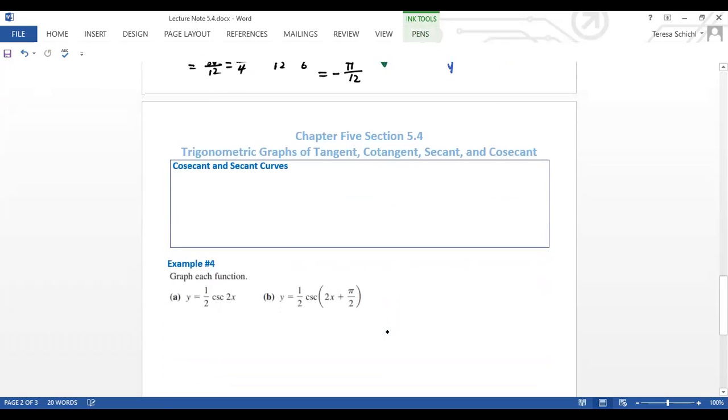The last thing here is the cosecant and the secant. They're the same as sine and cosine, they just don't have amplitude.